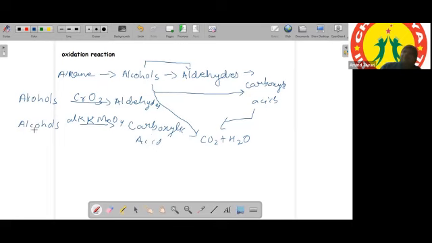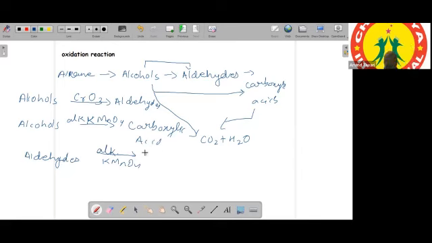Now the second reaction can also be used with aldehydes. Suppose you have aldehydes and you use alkaline KMnO4. Then also you will get the same product, carboxylic acid.